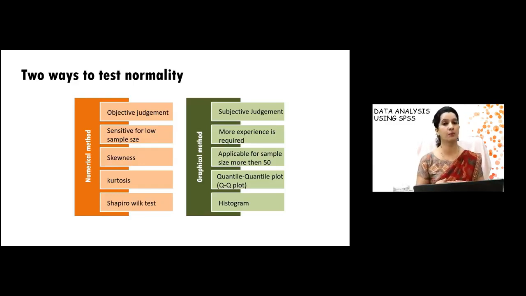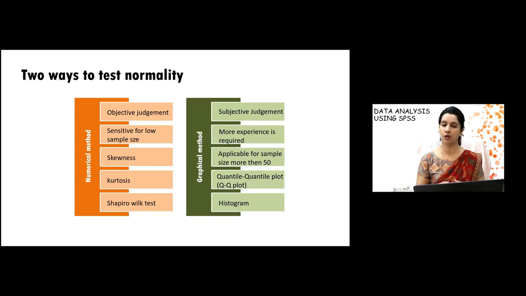So now let's talk about this one by one. This objective method of assessment is sensitive for low sample size. I have discussed that. And there are 3 ways for assessment of normality: the first is skewness, second is kurtosis, and the third is the Shapiro-Wilk test. We will discuss these one by one.